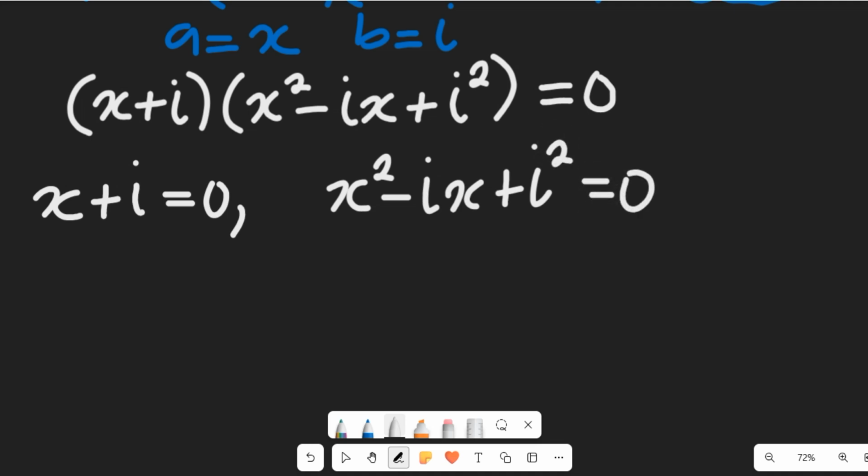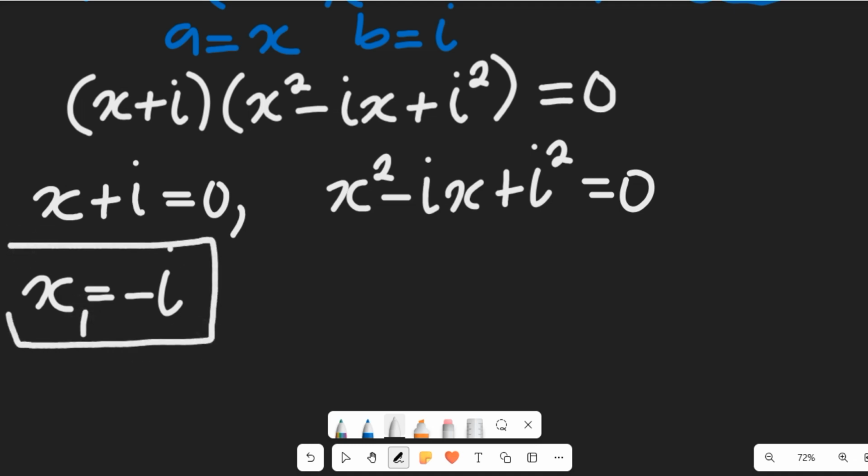Now from this point, you see that x will be equal to negative i. So we're going to take this as the first solution, x1, which is equal to negative i.